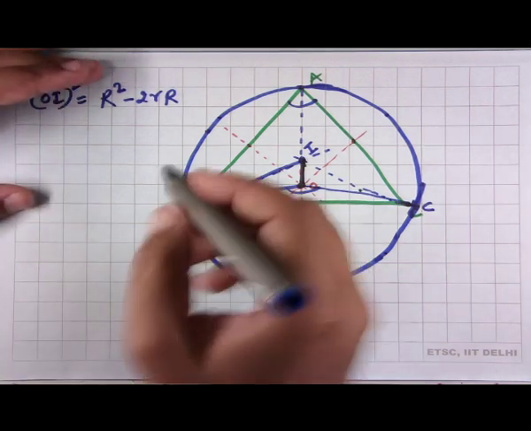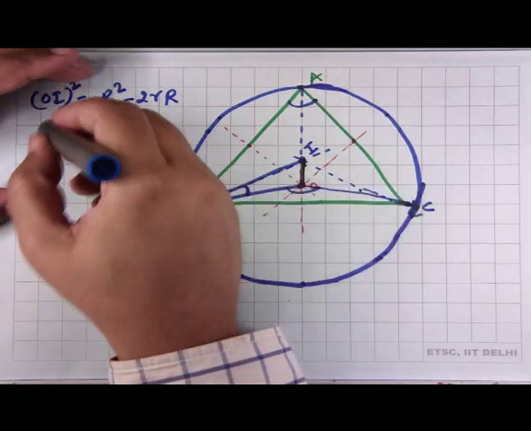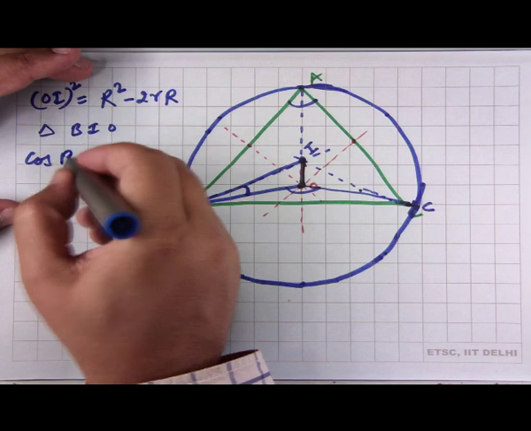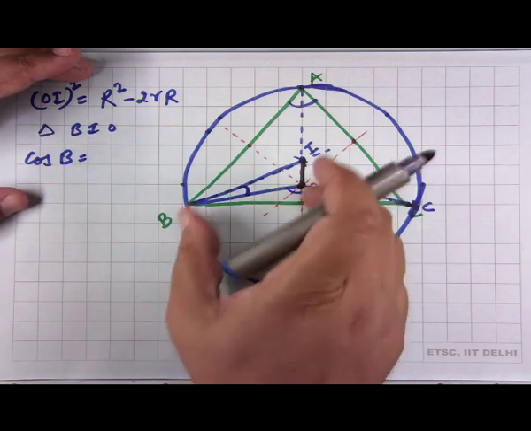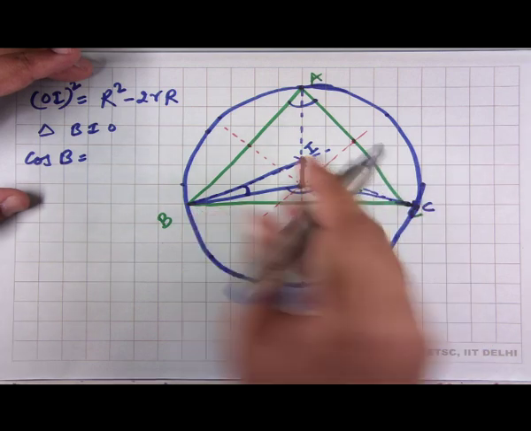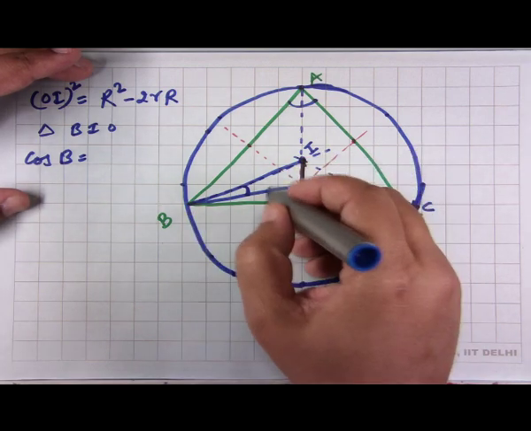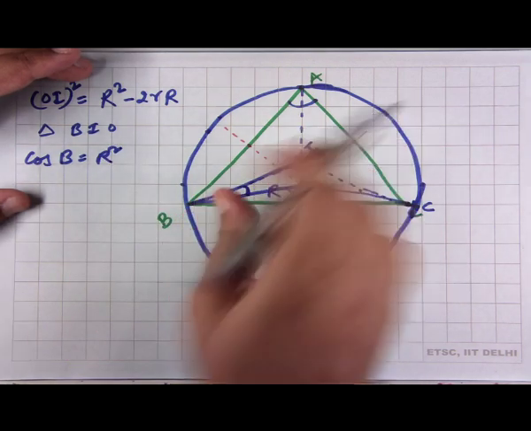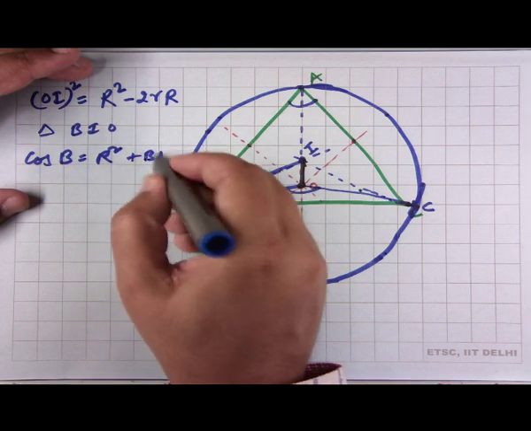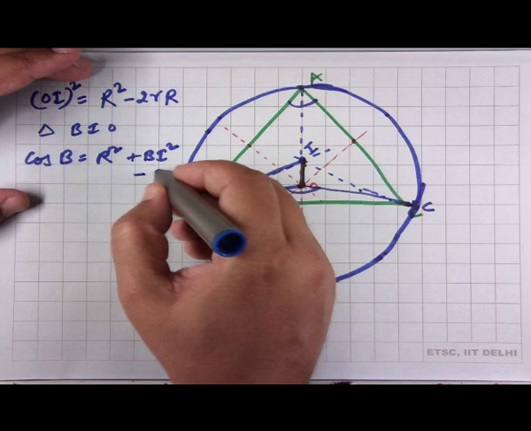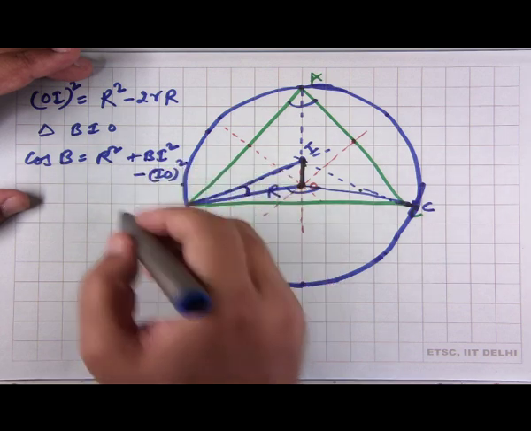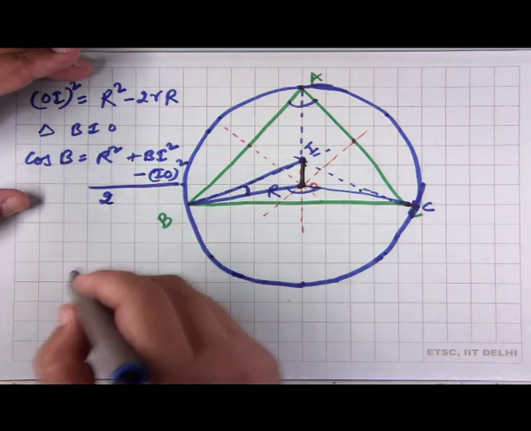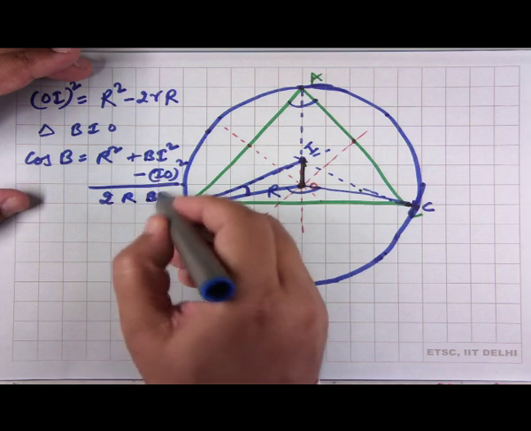And that is because in the triangle BIO, cos of B is equal to BO square plus BI square minus IO square, this whole thing divided by 2 times R times BI.